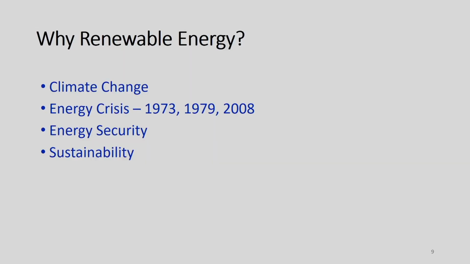Again in 1973, there was a crisis, and people were really forced to think about new development and generation of energy from alternative resources. And again in 2018, there was a financial crisis. So, this altogether crisis forced researchers to think about some kind of alternative solutions. And of course, we need energy security and sustainability.